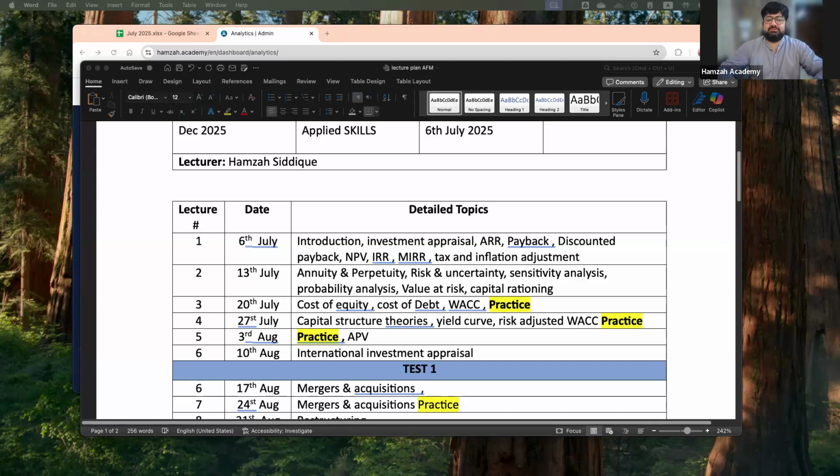Soft capital rationing: the company itself has decided not to raise more funds. It doesn't want to issue shares, as it feels that control will be diluted when you issue shares to the public. EPS, earnings per share, may also dilute. More shares, less profitability, so EPS will go down.